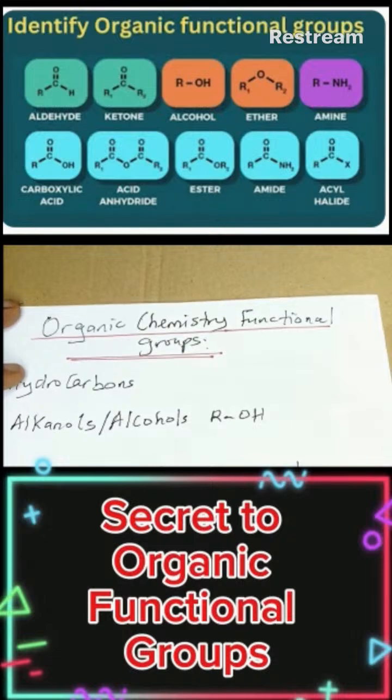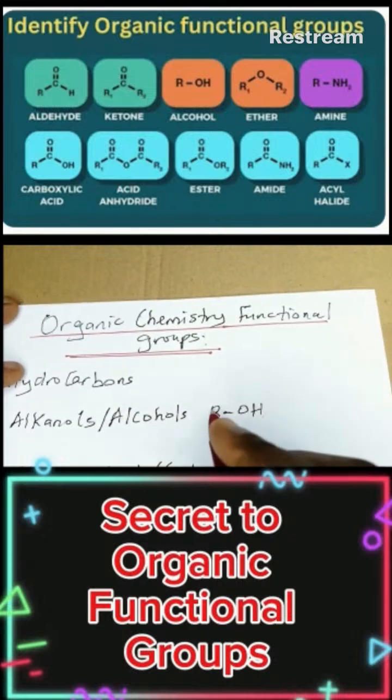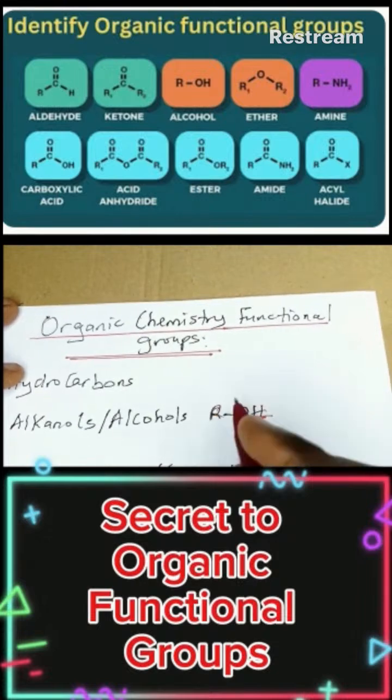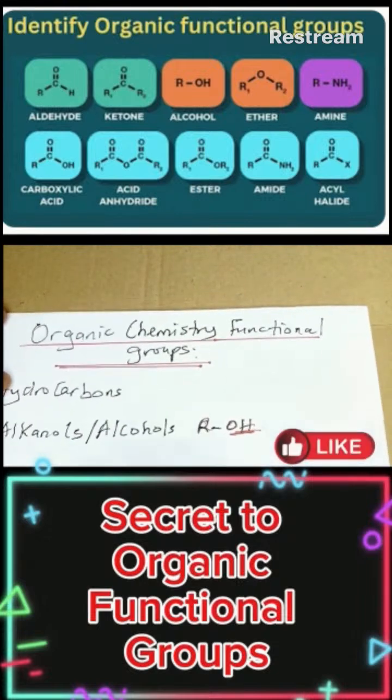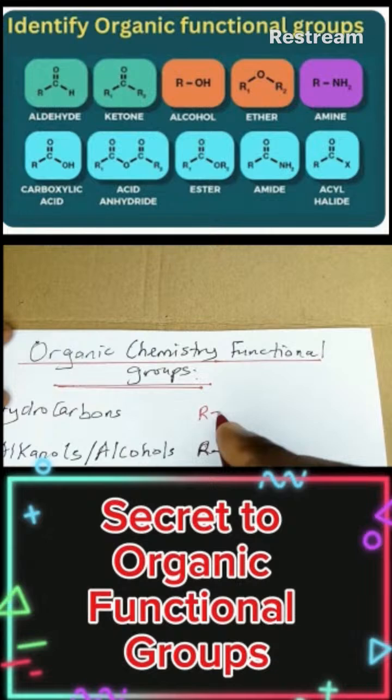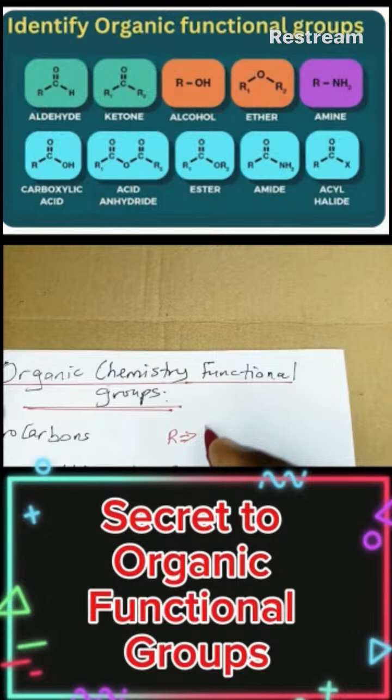The presence of the OH is what makes an alkanol. This R is representing an alkyl group. The alkyl group, it is R, can represent CH3.